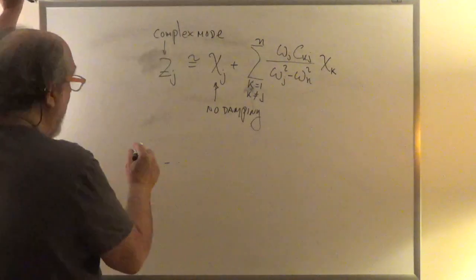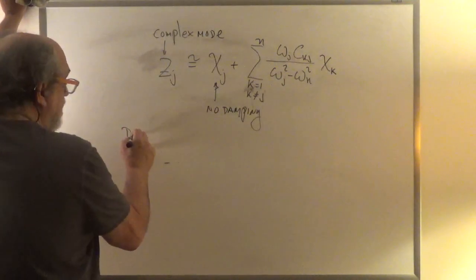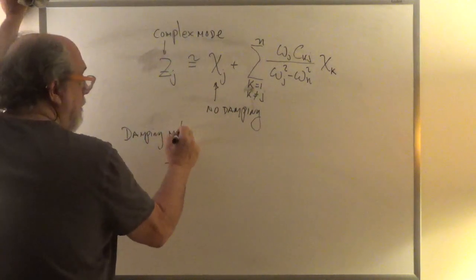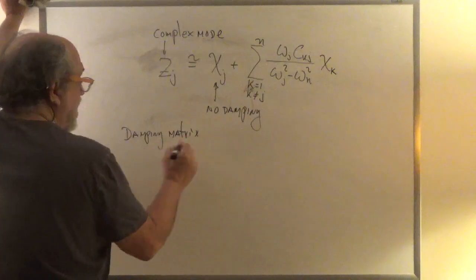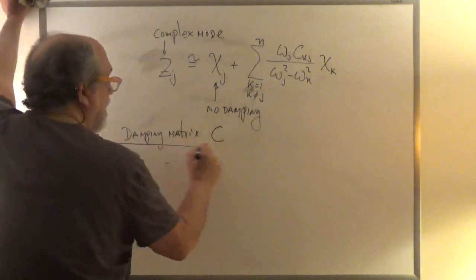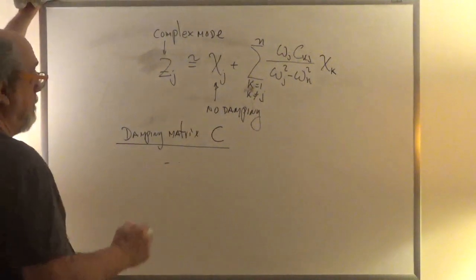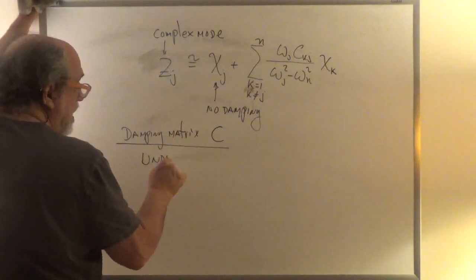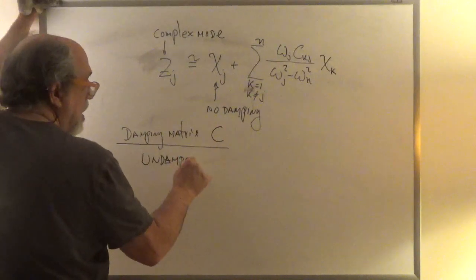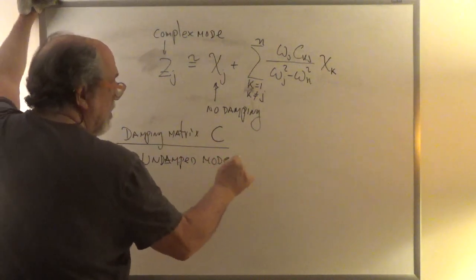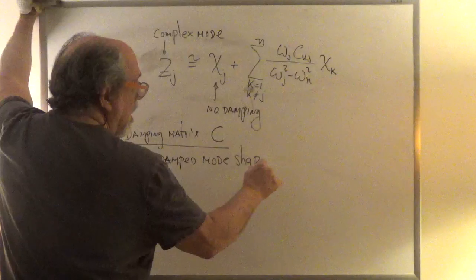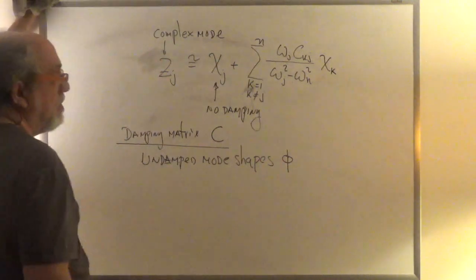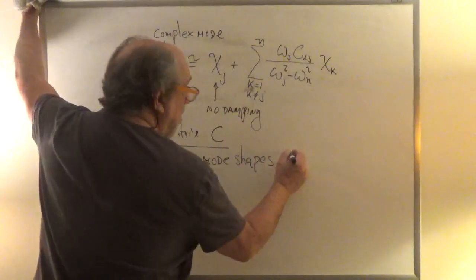So, if we have a damping matrix, which is C, and the mode shapes, let's say the undamped mode shapes are that symbol, phi, and all of them is this.